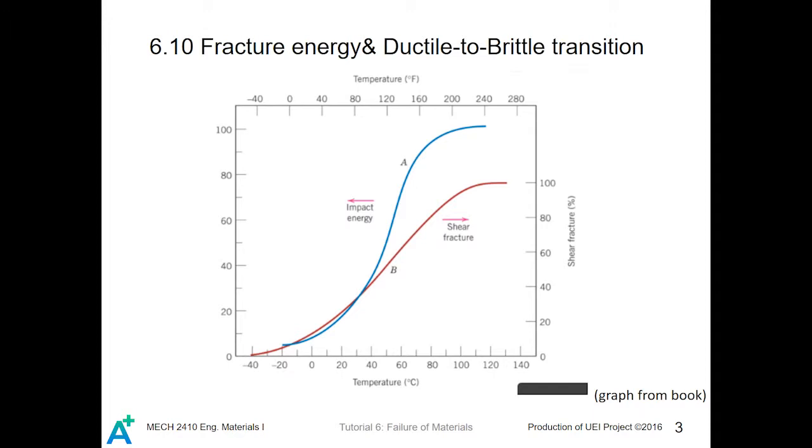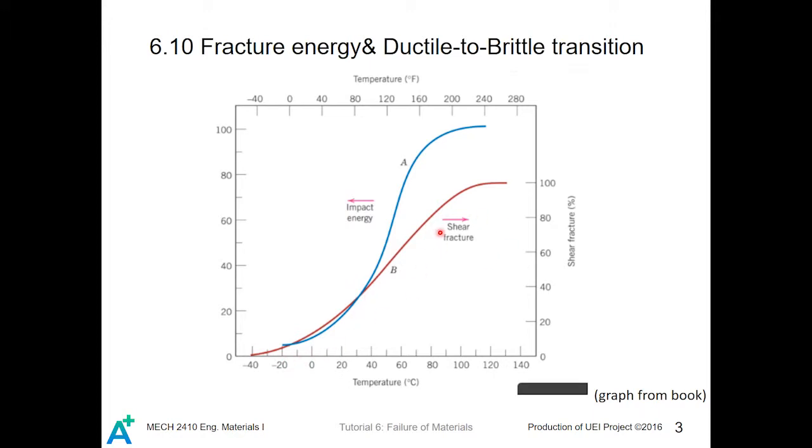The impact energy, as I've already mentioned, is higher at higher temperature. For example, at 100 degrees Celsius, you can see that the impact energy is approximately 100. And at lower temperature, let's say 0 degrees Celsius, the fracture energy is more than 10.